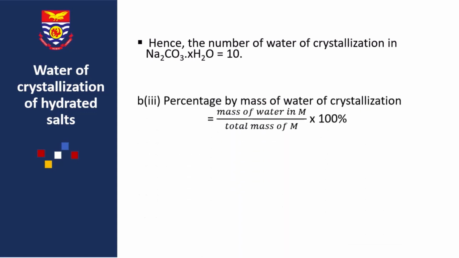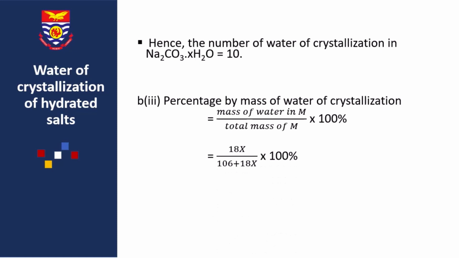So let's continue. The next task is to find the percentage by mass of water of crystallization. And here it is the mass of water in M over total mass of M times 100%. Without the number of water of crystallization, we wouldn't be able to do that. Thankfully, we have already found it, so we just do substitution.